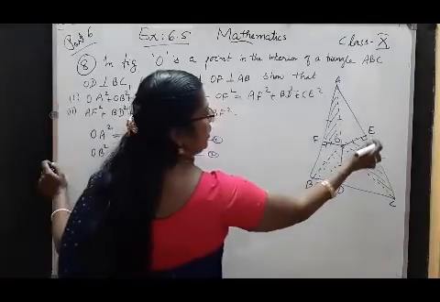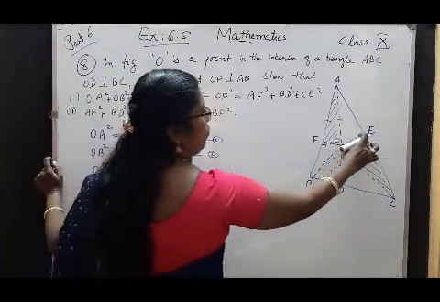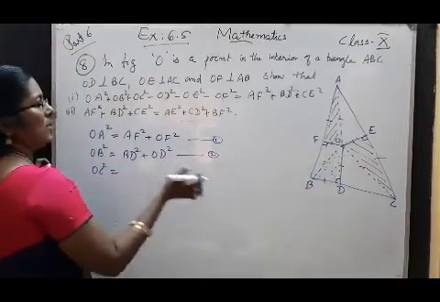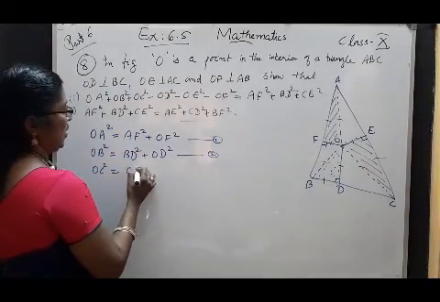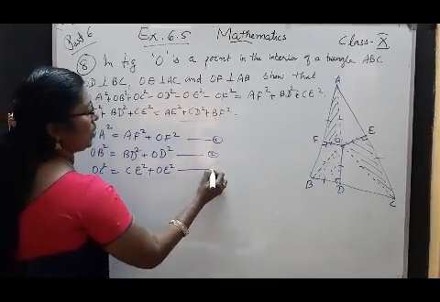Then this one is 90 degrees, so OC square equals CE square plus OE square.